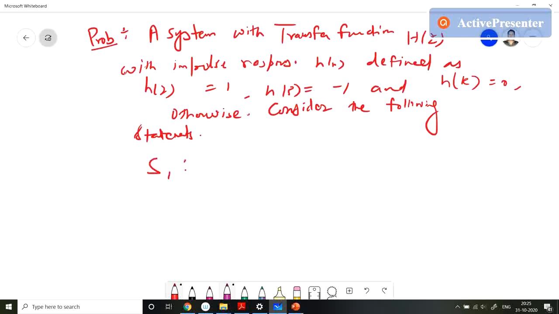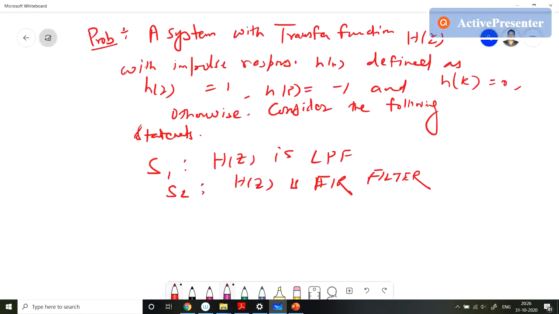Statement S1: H(z) is a low pass filter. Statement S2: H(z) is an FIR filter, that is, finite impulse response filter. So these are two statements, and we need to find out which statement is correct.